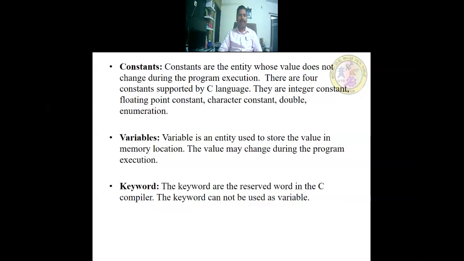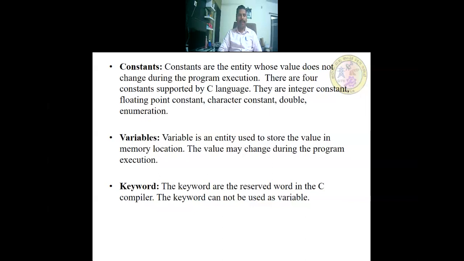So here the variable is any alphabet or any word, like a, b, c. So these variables are used to hold a value in memory locations.